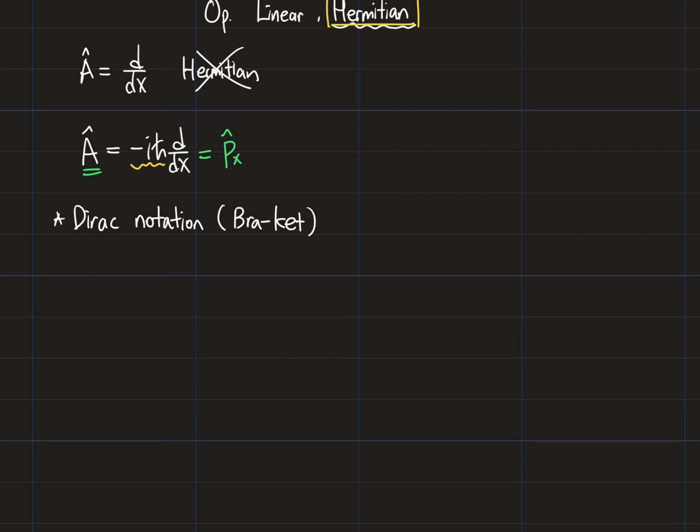This is simply another way to represent an integral. Instead of f_n of x as the wave function, we will just use the ket vector, which is simply like this.